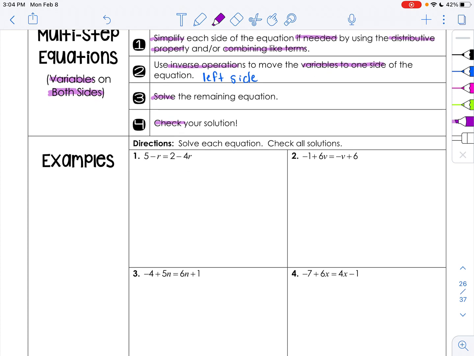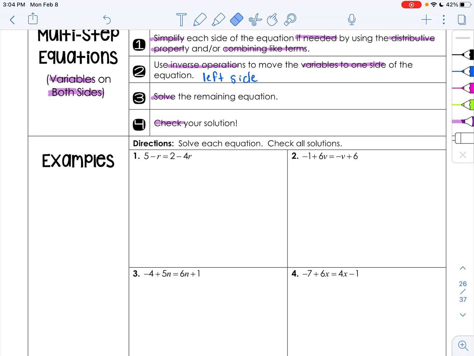Number 1, as you can see, I have the variable r on the left side of my equal sign, and I have it on the right side of my equal sign. So this is how this equation is different than the ones we've looked at before. First, we need to simplify it by doing the distributive property. I don't have parentheses, so I'm not going to distribute.